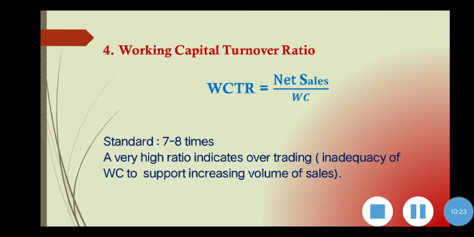That is also not preferred. Anyway, if the ratio is higher, it means you have a very good sales volume. Okay, that is the interpretation of working capital turnover ratio. If the ratio is high, that is good, but a very high ratio indicates over trading, right?